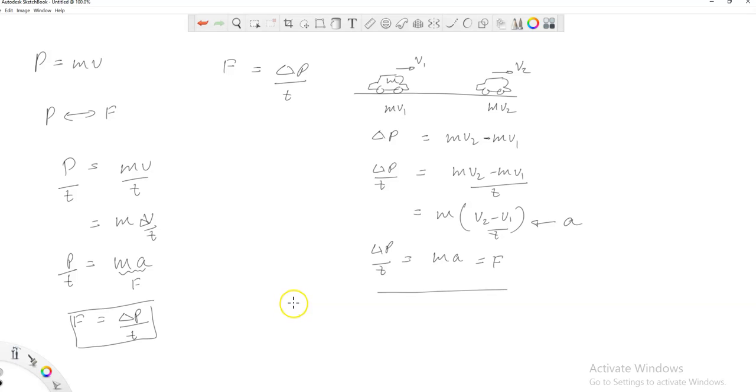Using calculus, now this is an algebraic way of explaining this. Using calculus, we can say F equals dp over dt, the derivative of momentum in terms of time, right?